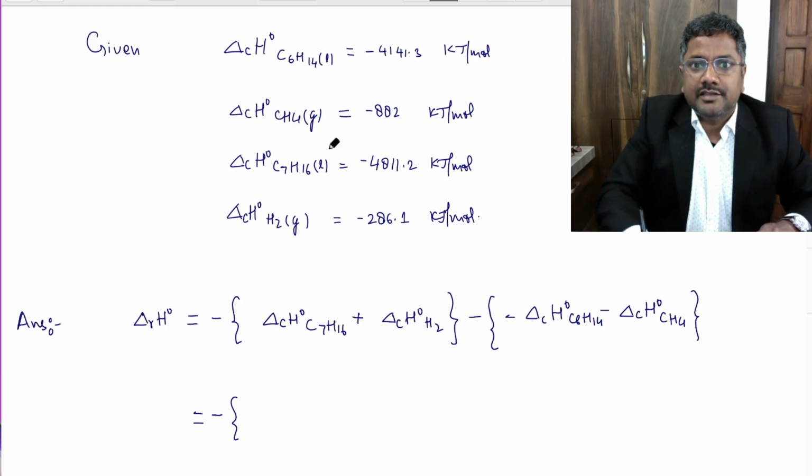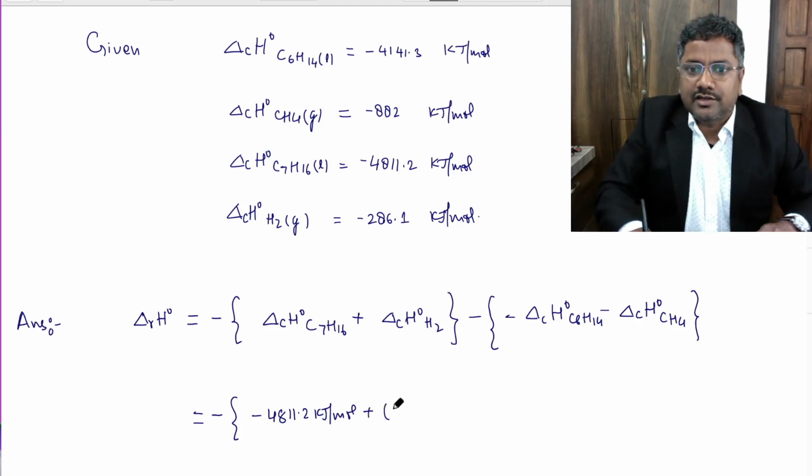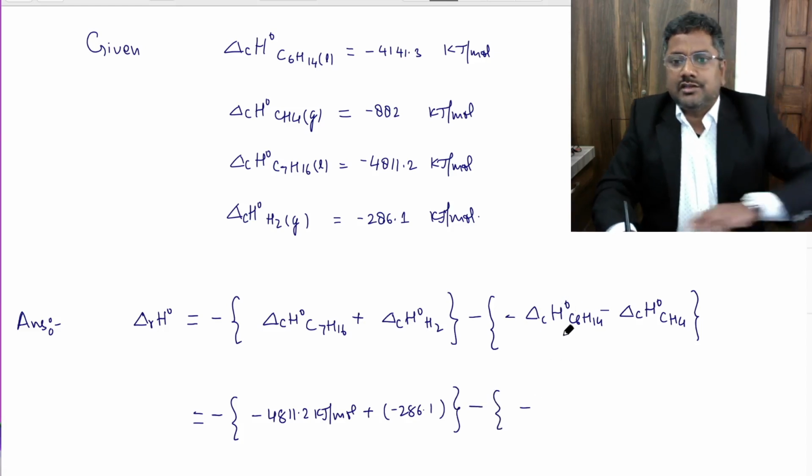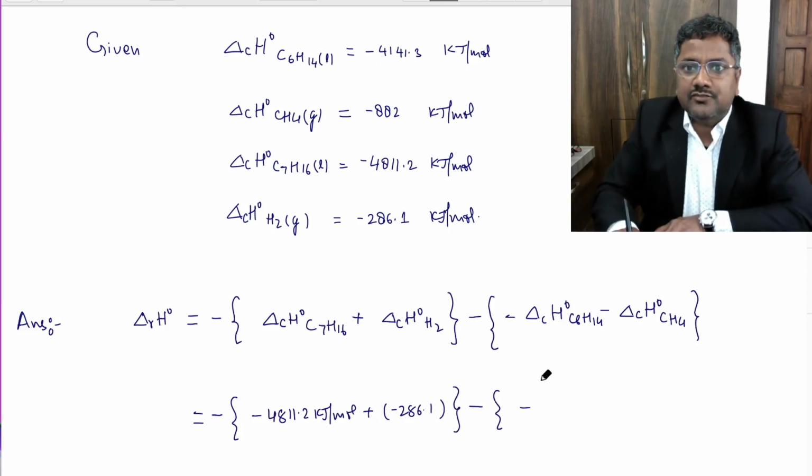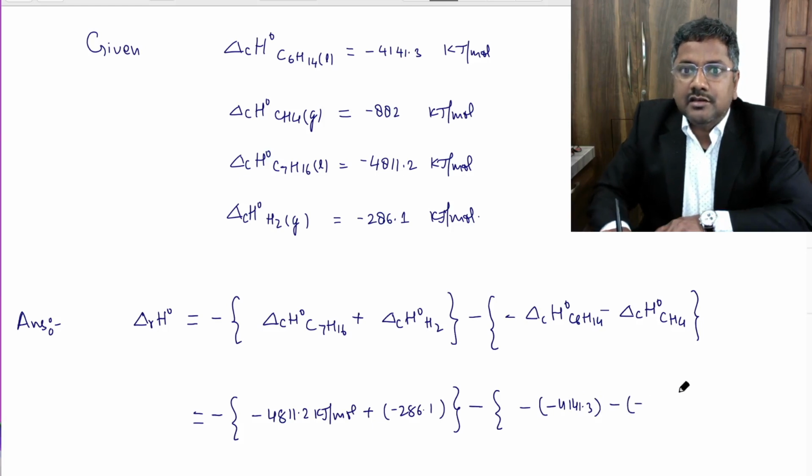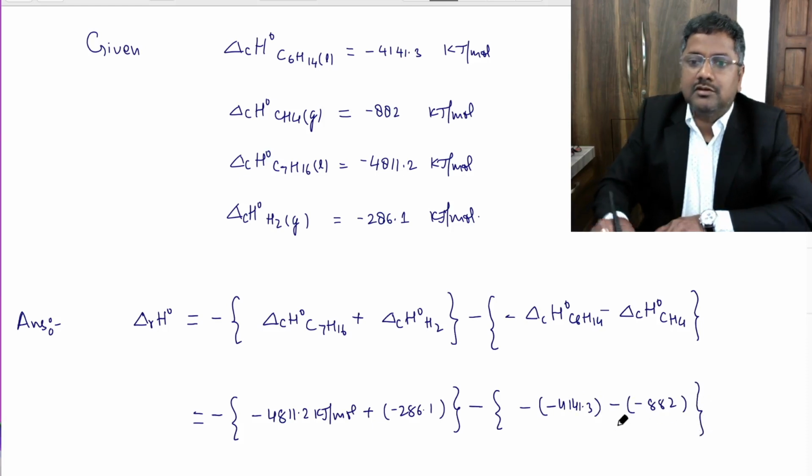Minus, C7 is minus 4811.2 kilojoules per mole, plus hydrogen is minus 286.1, minus delta H combustion of this, so minus 4141.3, minus, methane is minus 882, right?